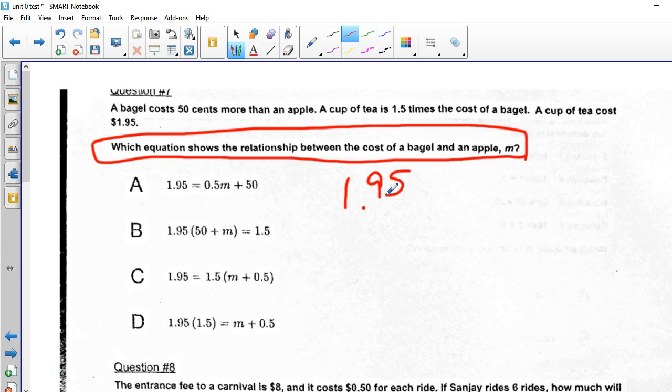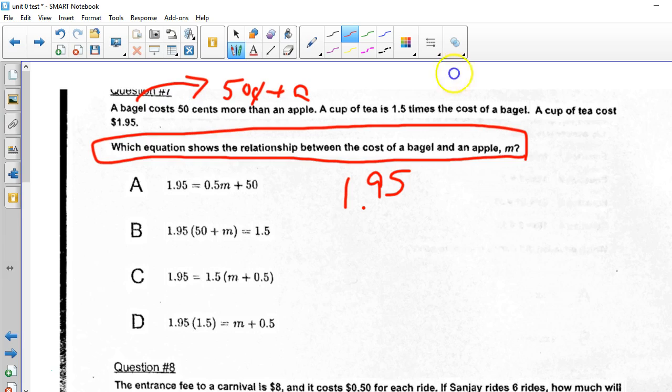And a bagel costs more than an apple, and a cup of tea is 1.5 times the cost of a bagel. So I'm going to let the apple be represented by A, so that 50 cents plus A is my new variable expression. That's how much a bagel costs.